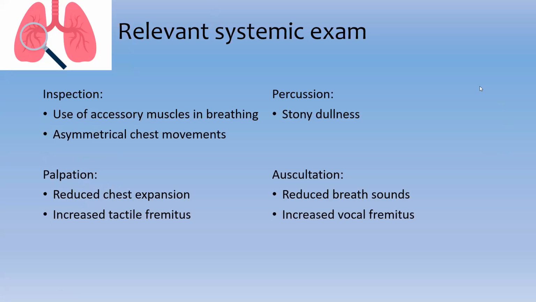Okay, so here we'll just do the relevant systemic exam, which is the respiratory exam. On inspection, you'll find that your patient is breathing a bit too heavily. So they'll use accessory muscles in breathing.